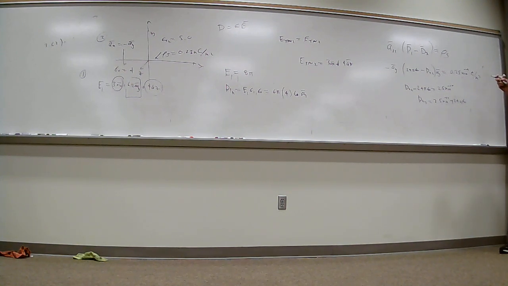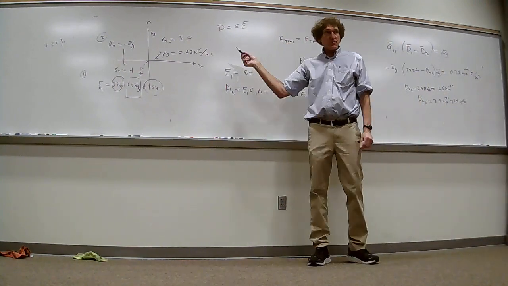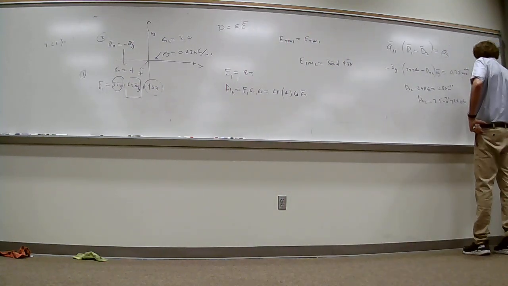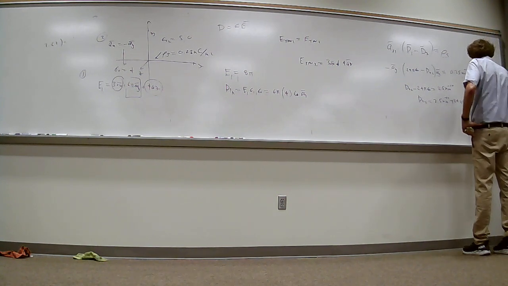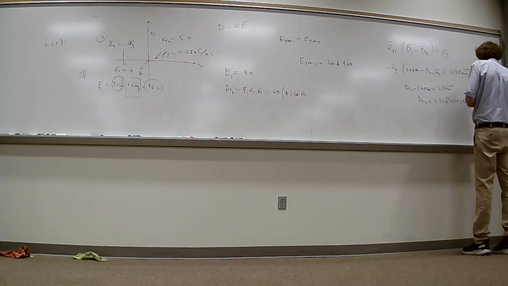Does everybody follow me on this? And to get the E field, what do we know? The D field is epsilon E, correct, class? So the normal component of the E field in region 2 would be this, but epsilon in region 2 is 5, right? So it would be 5 epsilon naught right here times the E field in region 2 as the Y component. Call it EY2 right here.